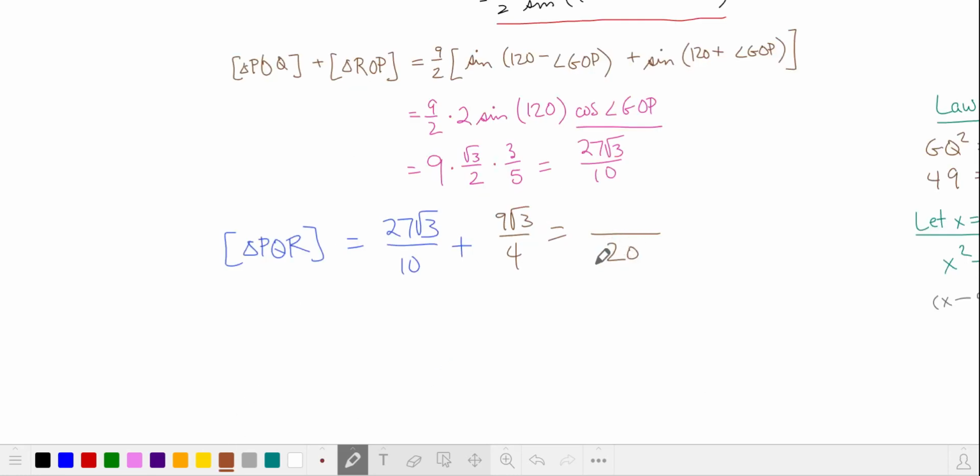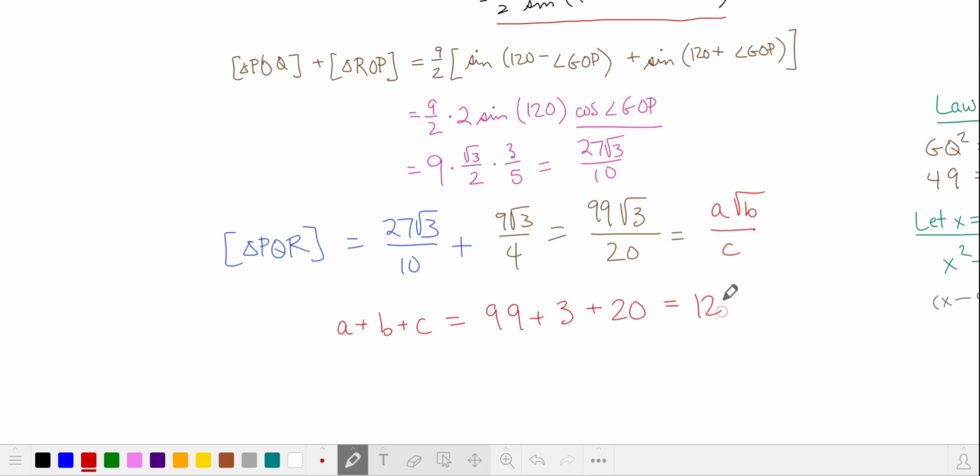Finding a common denominator and adding, we get 99 root 3 over 20. The problem asks this to be given in the form a root b over c, and then it asks for a plus b plus c, and that's 122, or option D.